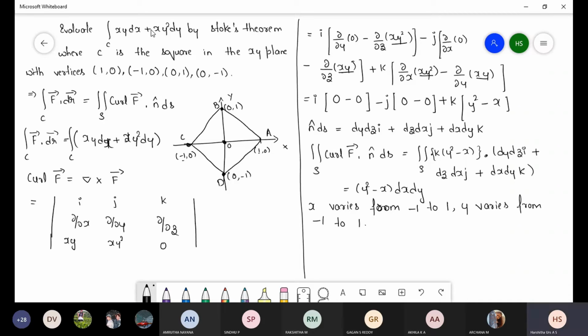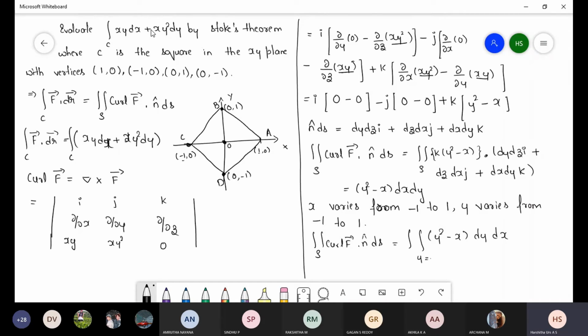Now here we have to apply in the formula curl vector f dot n cap into ds. First we change the order of integration, so it comes dy into dx.